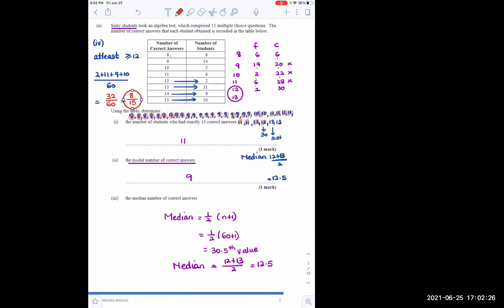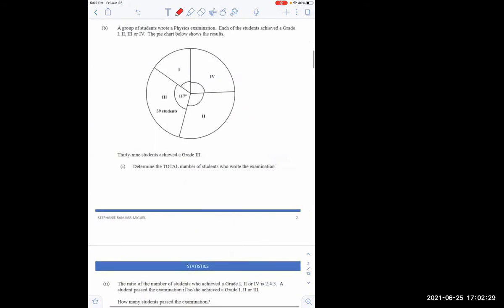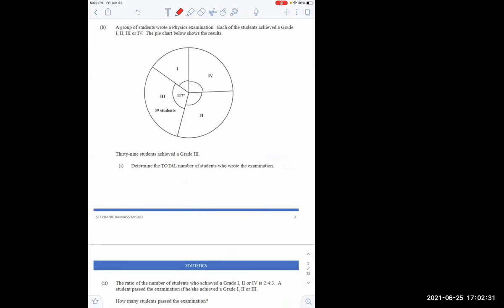Right. Let's look at this last part. Determine the total number of students who wrote the examination. All we have is this angle here represents 39 students. So 170 degrees is equal to 39 students. So 1 degree will be 39 over 170, and 360 degrees will be 39 over 170 multiplied by 360.